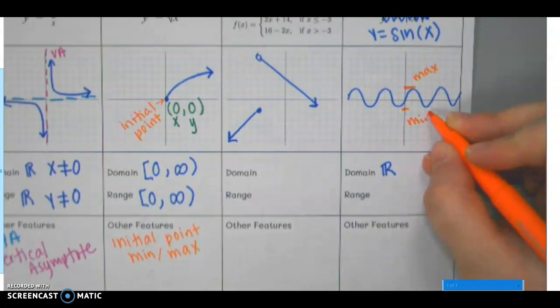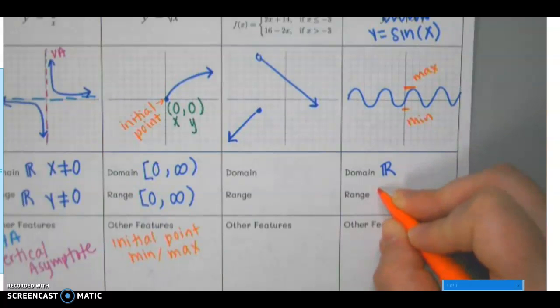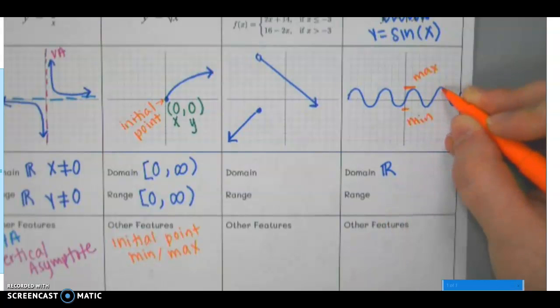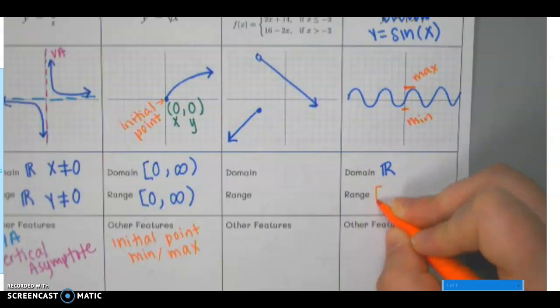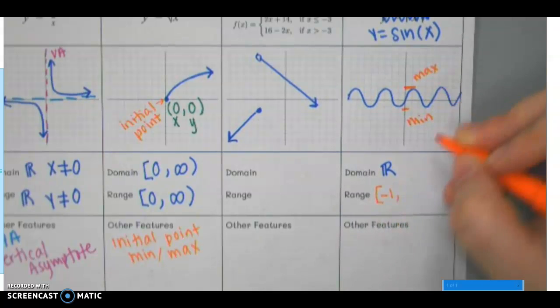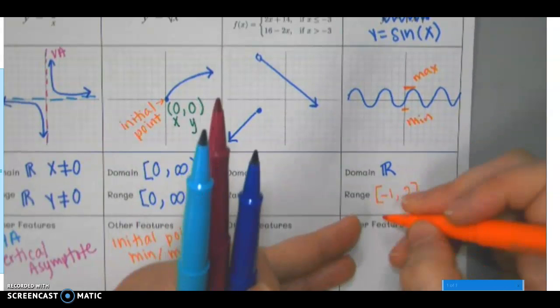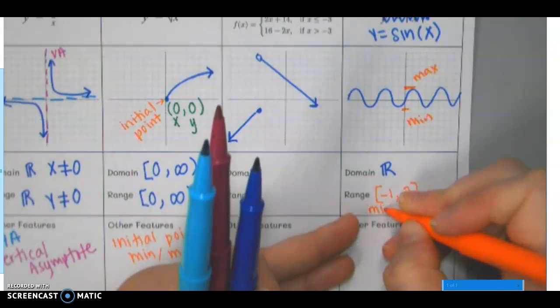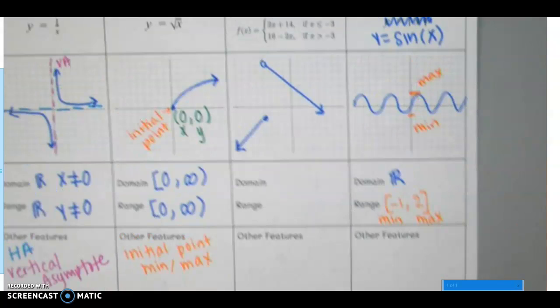So for this one, I just made this, my minimum happens to look like I put it at -1, and my maximum looks like I put it at 2, but on a real parent function, it would go between -1 and +1. But because this is the way I made my graph look, the range is whatever the minimum y value was to the maximum y value.